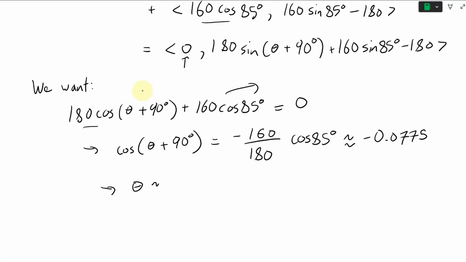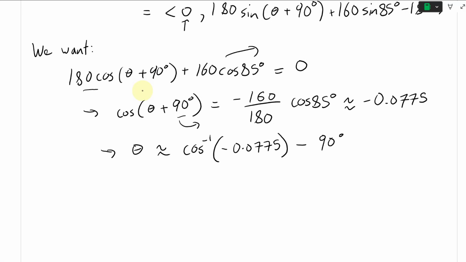So theta is going to be roughly equal to the inverse cosine of negative 0.0775, and then minus 90, moving this over to the other side. And now this is going to equal roughly 4.4 degrees, and I'll show you the calculation too.